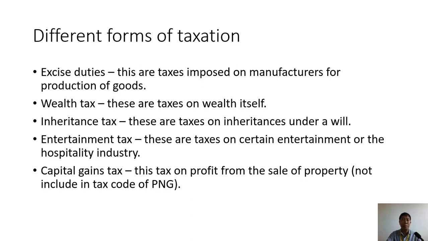Inheritance tax will be imposed, of course, against the will. Entertainment tax, these are taxes on certain entertainment or hospitality industry. Capital gains tax, these are tax on profit from the sale of property, but the capital gains tax is not included in the tax code.